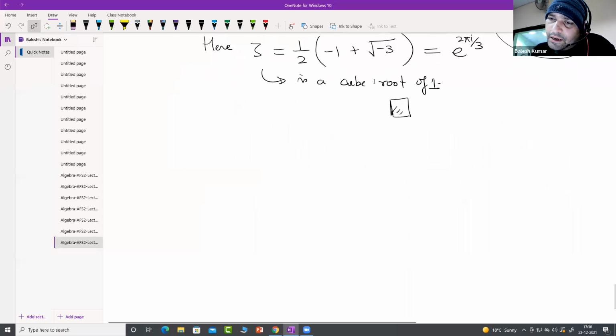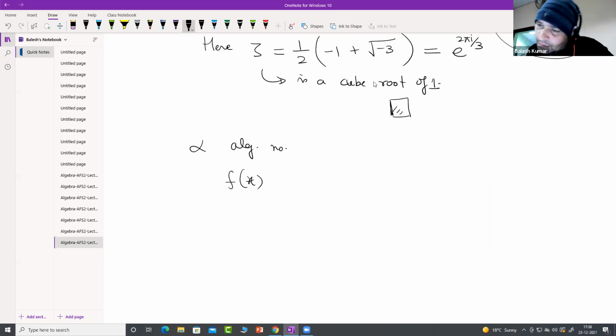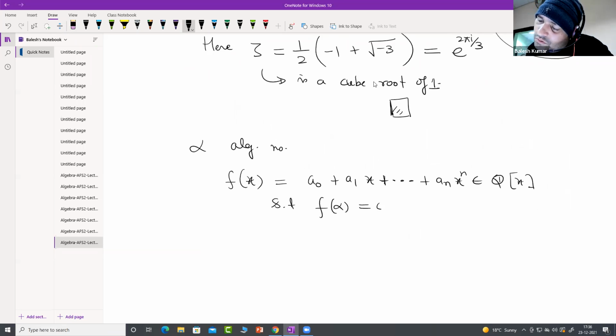Here we have seen that if you have an algebraic number alpha, there exists a polynomial, say f(x) equals a0 plus a1 x and so on plus an x to the power n, belonging to Q[x], such that f(alpha) is equal to 0.